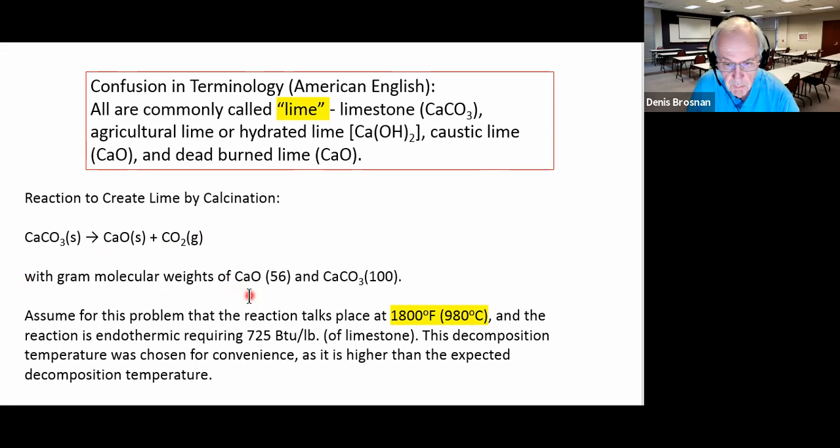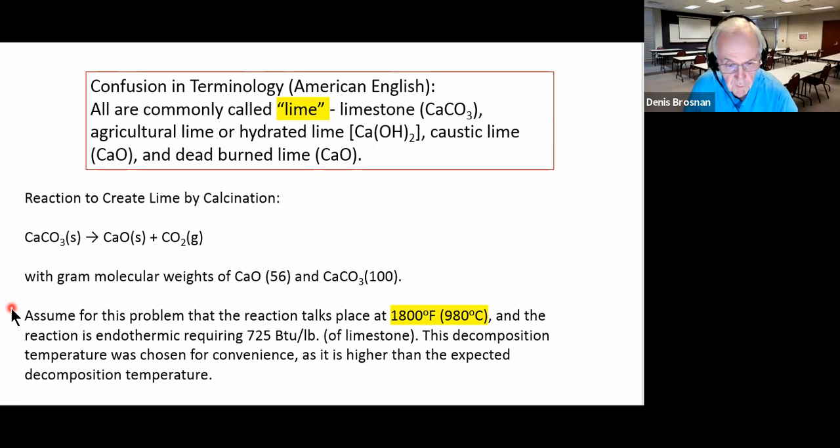Now the gram molecular weight of calcium oxide is 56 grams per mole. The gram molecular weight of calcium carbonate is 100 grams per mole. So basically 100 parts by weight creates 56 parts by weight of the caustic lime, the calcium oxide, in this reaction. Now further, we're going to assume this reaction takes place at 1800 degrees Fahrenheit.